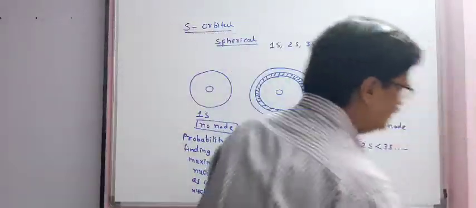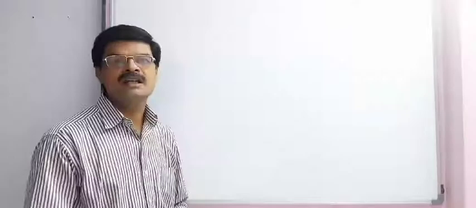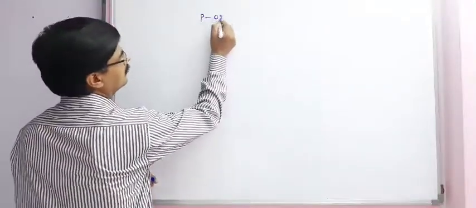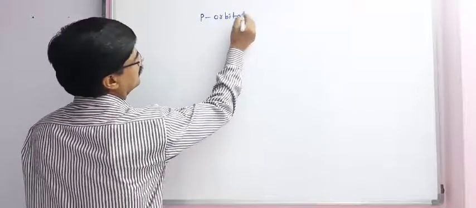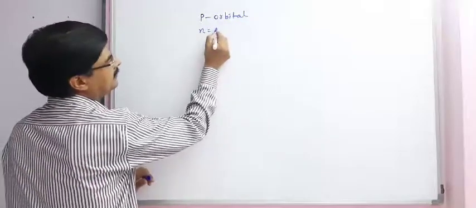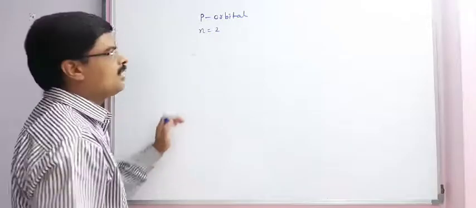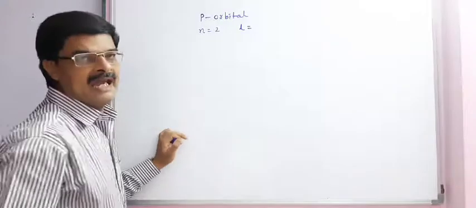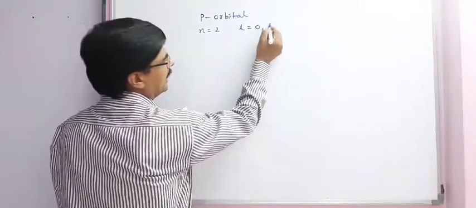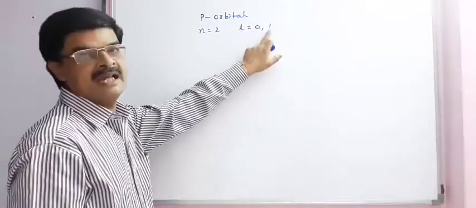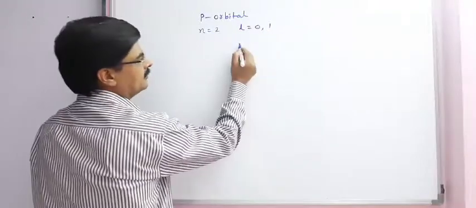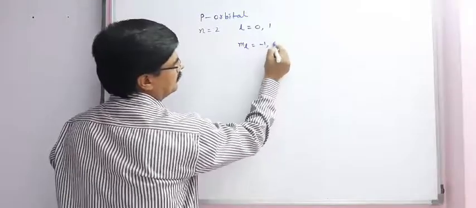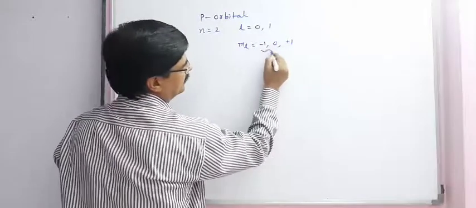Now we will understand for p orbital. We will understand the shape of p orbital. When principal quantum number n is equal to 2, we have L value 0 and 1. So value of L is equal to 1, that is we get ML values -1, 0 and +1.